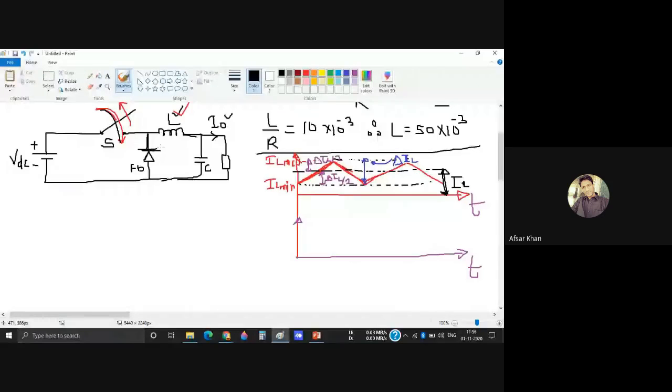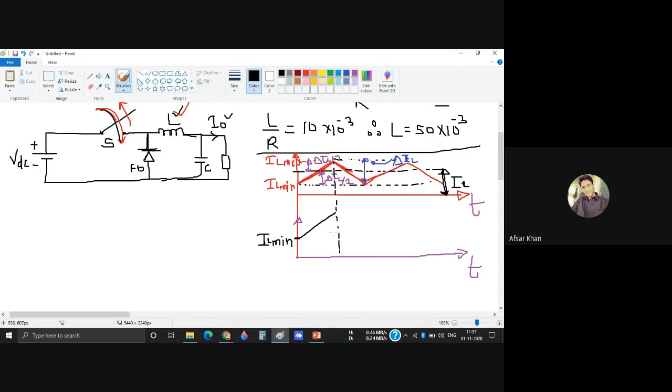Simple question. When the switch is on. So let me take IL minimum here. There is always a minimum current, so I take this IL minimum here. Now when the switch is on, from this minimum point your current starts flowing like this. Yes or no, students?